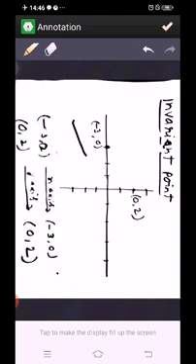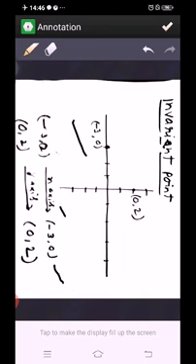Like we can see that -3, 2 is reflected in x-axis, so we are getting image -3, 0. -3, 0 is reflected in x-axis, so we are getting -3, 0 only. It means the point and the image are the same. Therefore -3, 0 is invariant in x-axis.